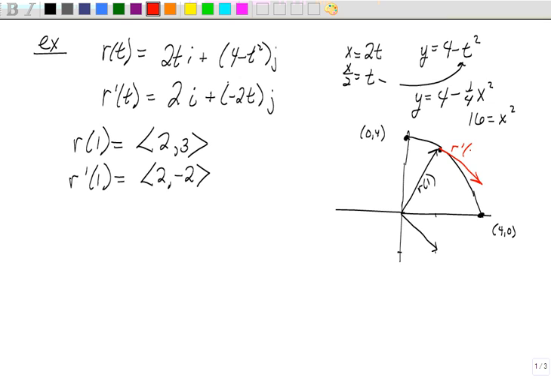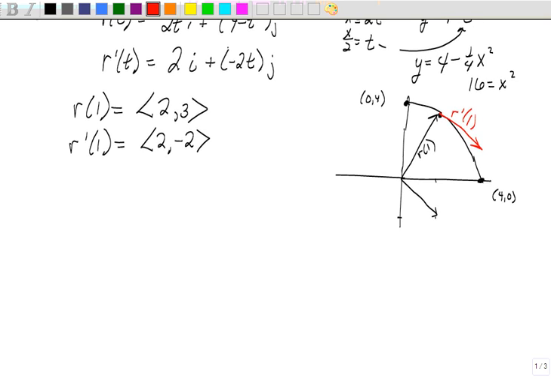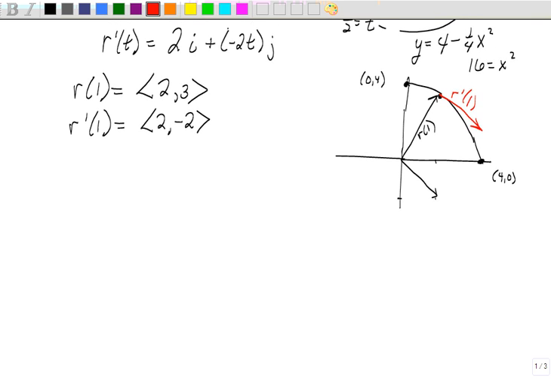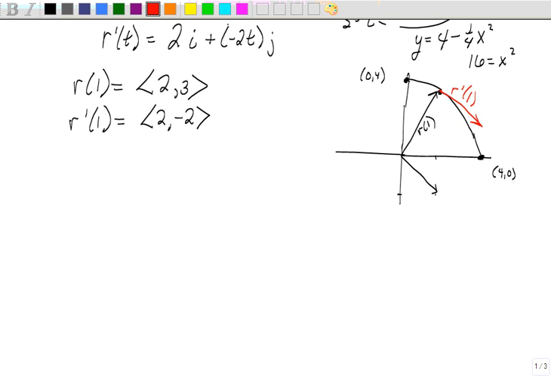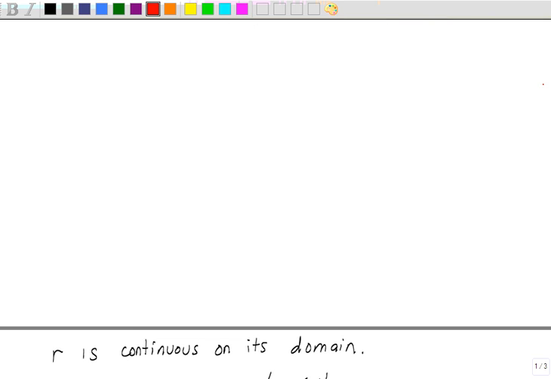And that's R prime of 1. Okay. And this is 0, 2, 3. It just took me a while to get that set up.